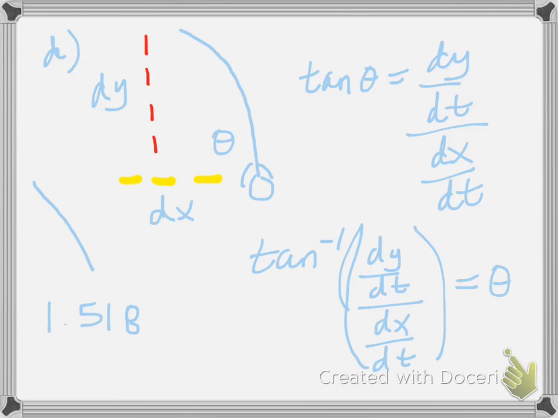This is the angle at which he's diving down, and this angle right here is going to be the same angle, but this is a negative angle, and this one's going to be positive. So basically they're the same, but that's the reason why. So 1.518 is the angle. So there you go. Done with BC 2009-3.